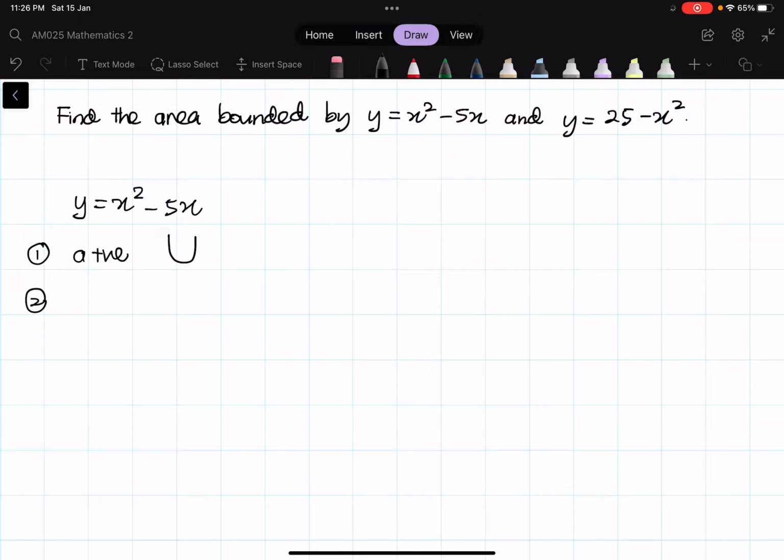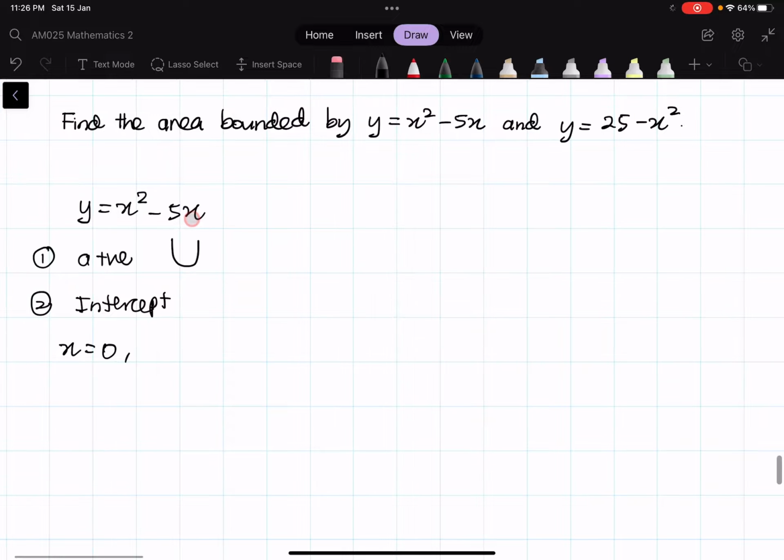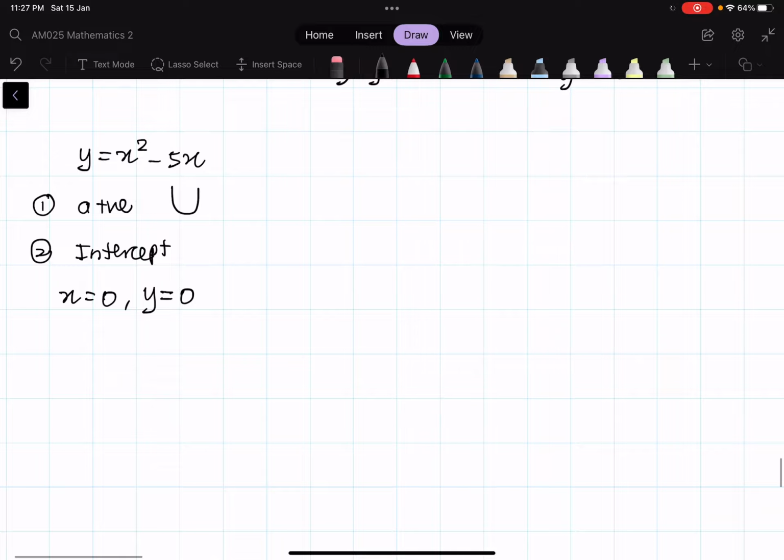Now let's find the intercepts. When x equals 0, we find the y-intercept. So substitute 0 into our function, and we get y equals 0. So the y-intercept is 0.